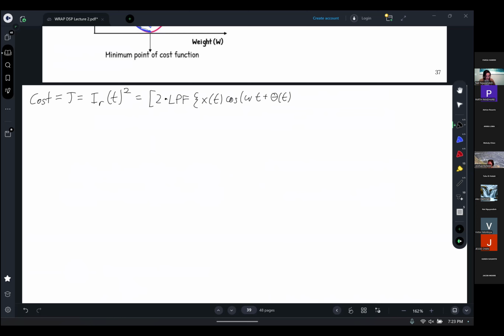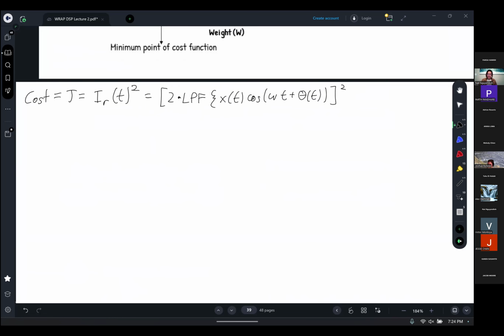And this phase offset, which is theta of t, is going to be our one input into this function. So we want to find how this cost function changes when I change theta of t. Like if I wiggle it around, will my cost function increase or decrease? And that is where the beauty of taking the derivative comes from.